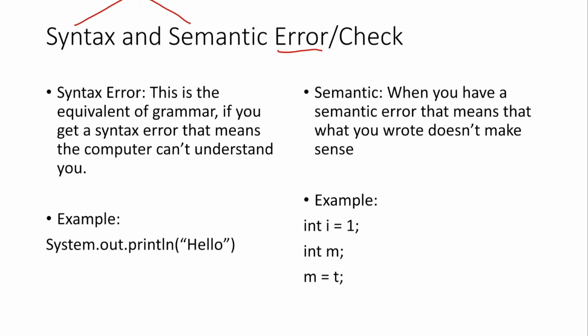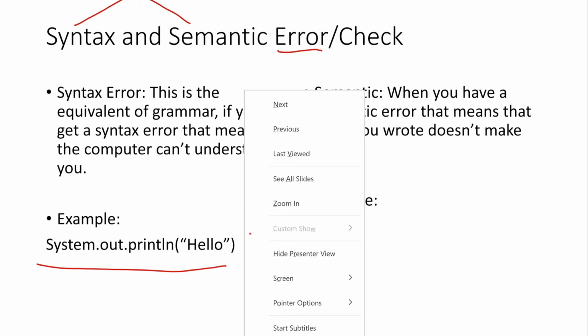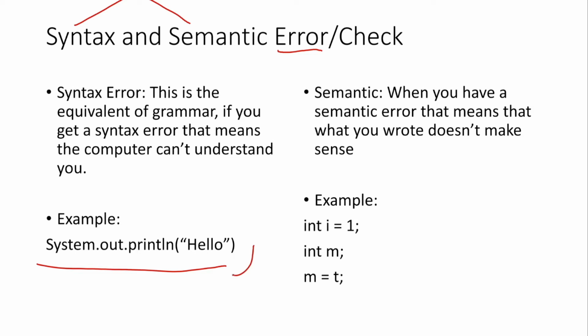It's like if you miss something, like a period, or you haven't capitalized something, where whatever you've written is simply wrong, and the computer can't understand what you're saying because you haven't followed the grammar. For example, here, you haven't closed the line out, so the computer doesn't really know what to do. You've missed the semicolon that's supposed to be at the end of that line.